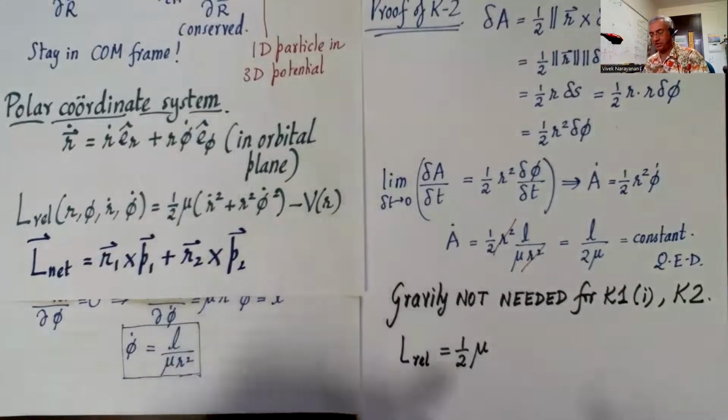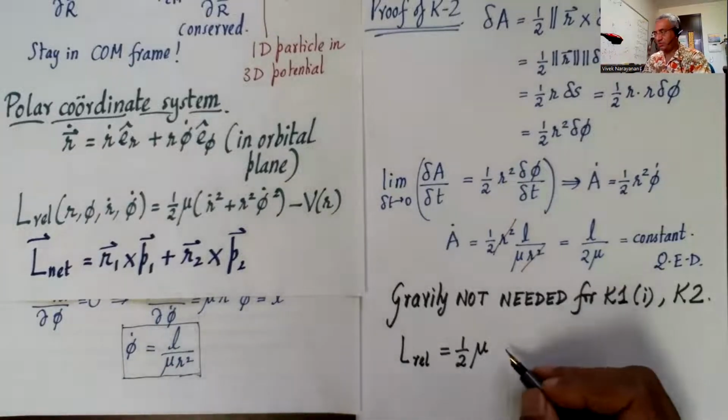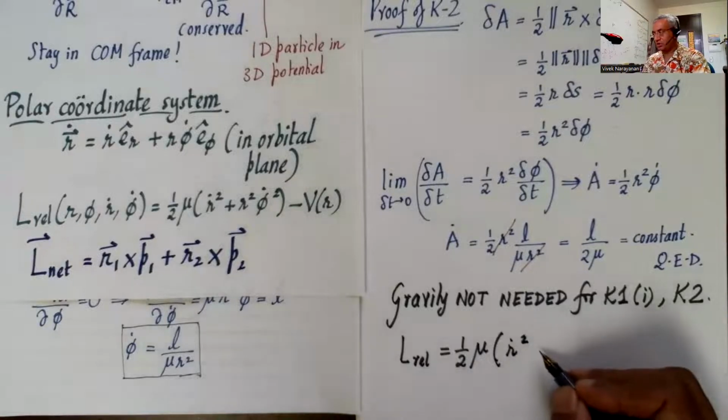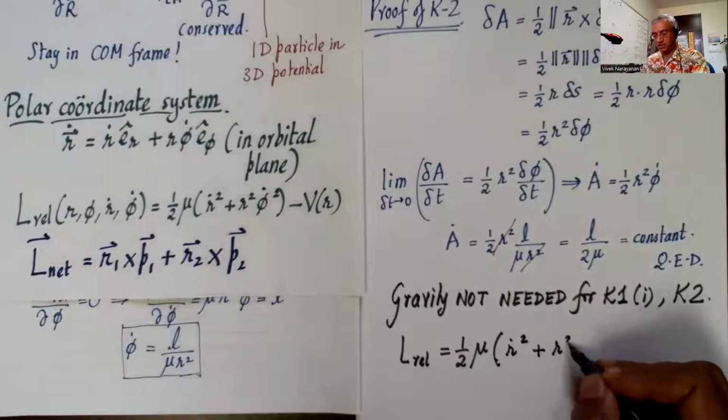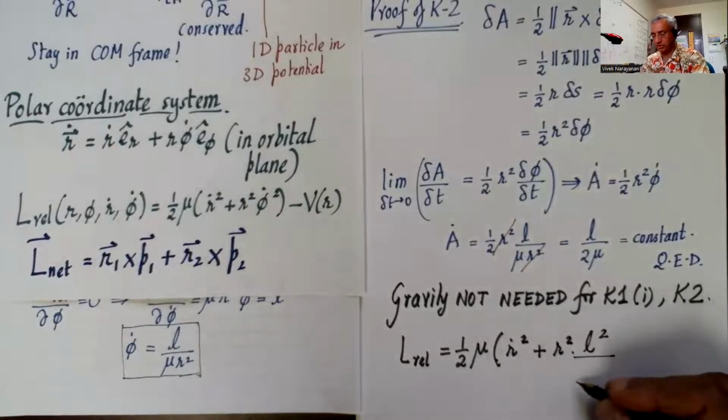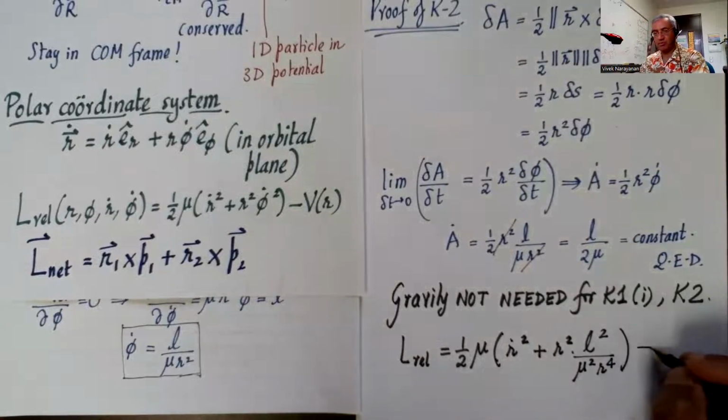I'll put this in there. So I get 1/2 mu r dot squared plus r squared little l squared over mu squared r to the 4 minus V of r.